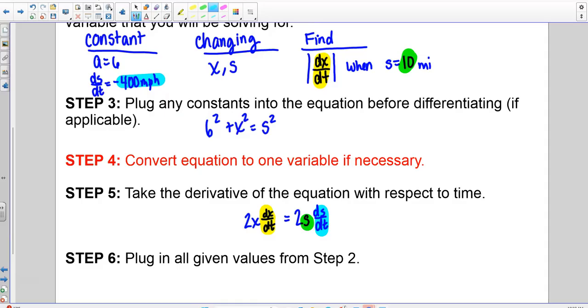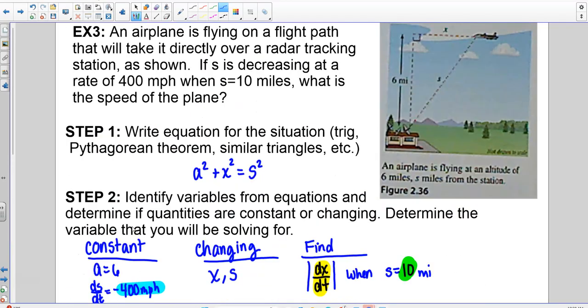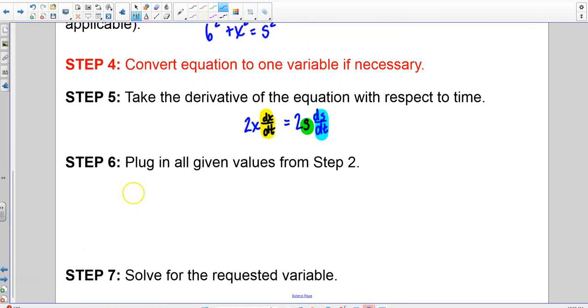So a lot like the last problem, we've got to find x, but it's a little easier to find x this time because at the instant that I'm concerned with, I know that my altitude is 6. I know that s is 10.